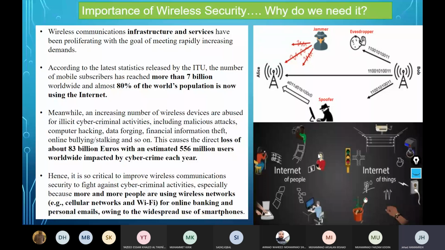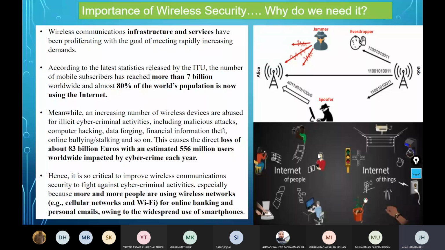You need to make sure that your security is really strong enough to prevent any attack that might happen. Wireless networks are prone to malicious attacks, including eavesdropping attacks, denial of service attacks, spoofing attacks, man-in-the-middle, message falsification, and injection attacks as well.